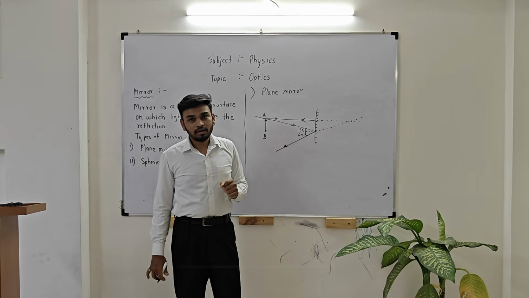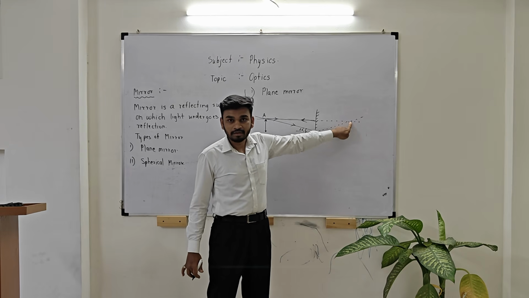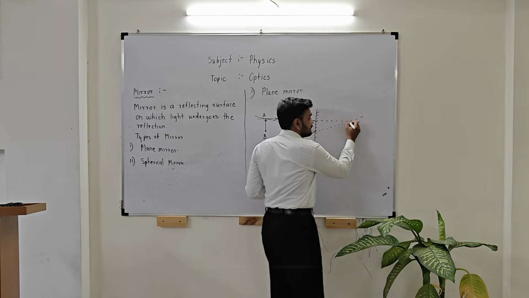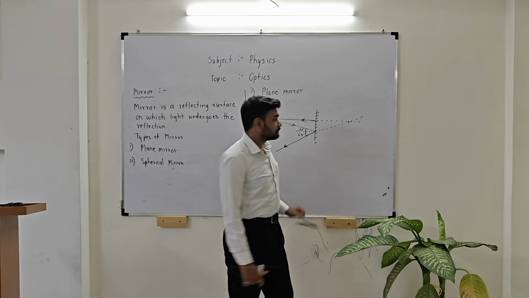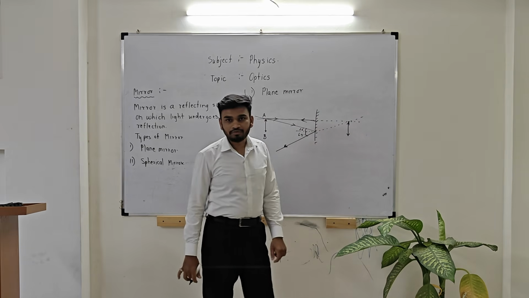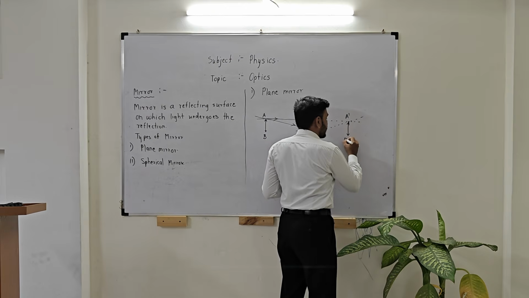According to the behavior of light, where the two reflected rays meet, at that point the image is formed. So here the image is formed at this point. I will mark it as A dash, B dash.